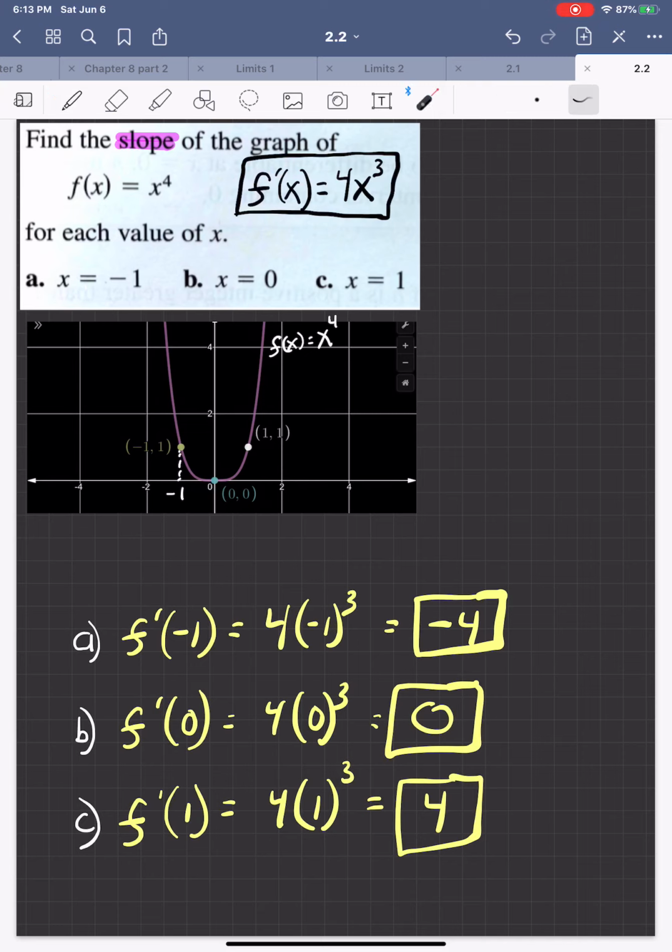Notice what each function does for you. If you want the y value when x is -1, then you plug -1 into the original function. So here is the y value, (-1, 1). But if you want to know the instantaneous rate of change, right? If you want to know the slope when x is -1, you plug that -1 into your derivative.